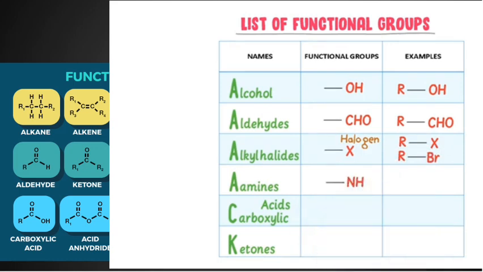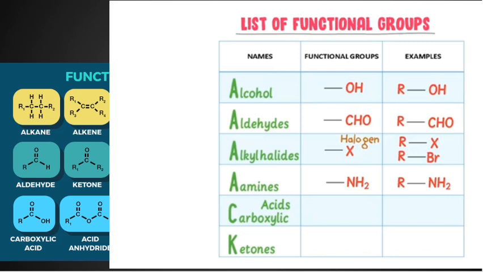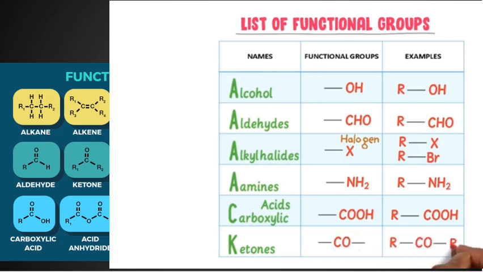Now I need you to pause this video and do two things. The first thing you need to do is to learn to draw the structure, basically the molecular formula, of 5 members of the alkyl group: the methyl, ethyl, propyl, butyl, and pentyl.